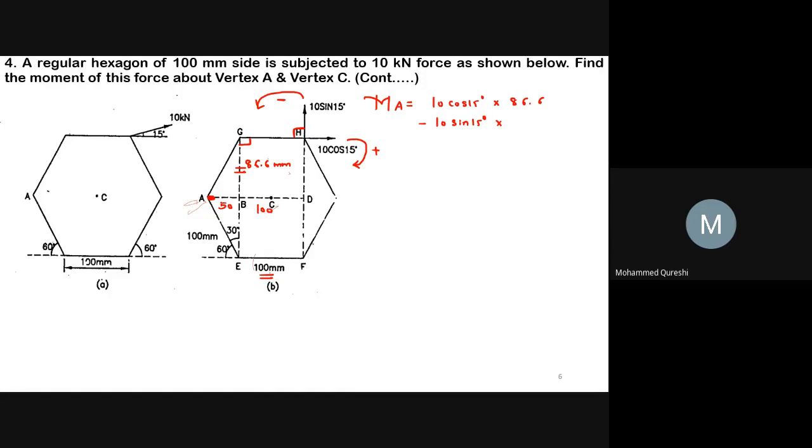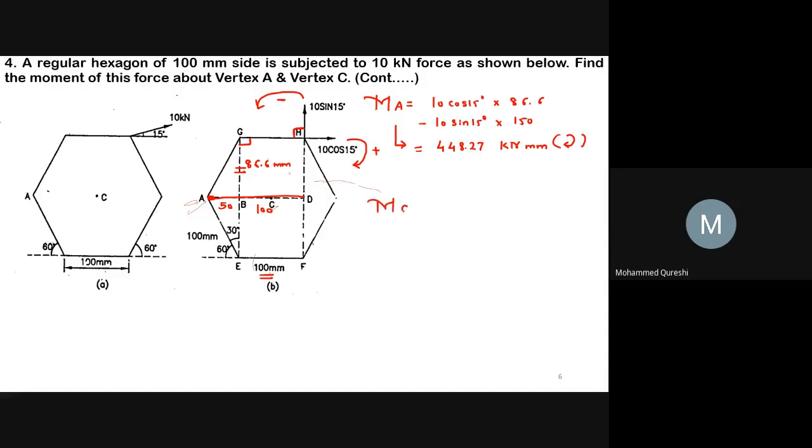So this total distance will be equals to 150 mm. So I will write here into 150. So after solving, you will get moment about vertex point A as 448.27 kilonewton into mm, and this is positive, hence we may simply denote by positive moment notation.